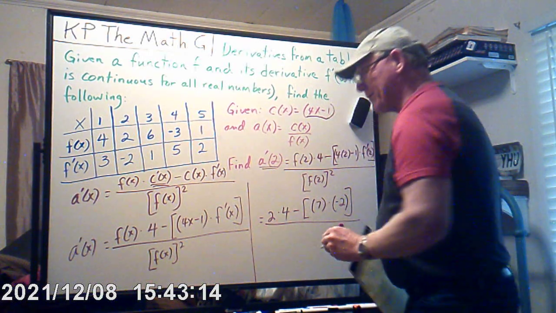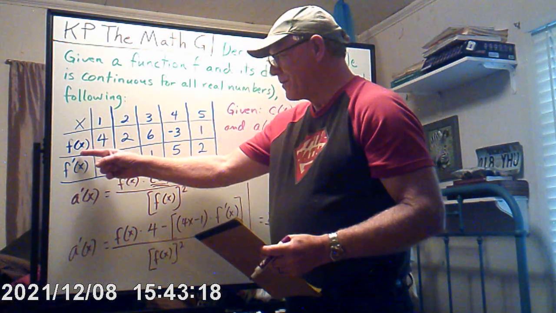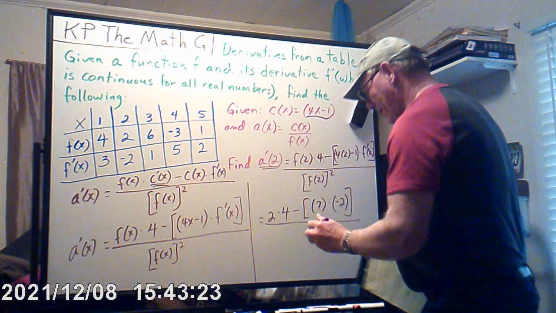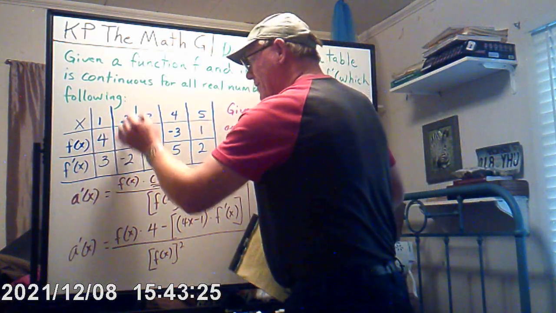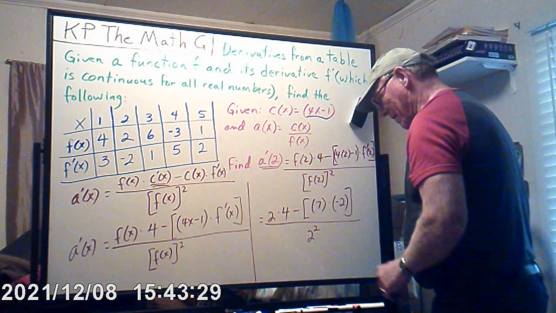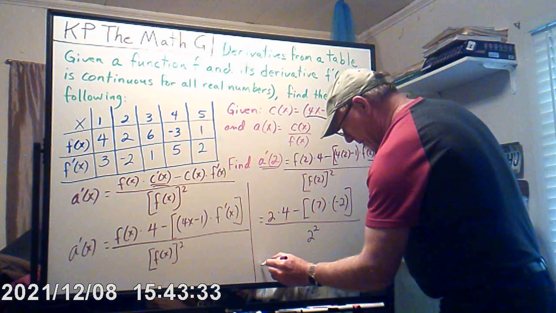Now f at 2 squared. So f at 2 is 2, so we're just squaring 2, which is really 4. Okay, so I think we can get it pretty quickly.